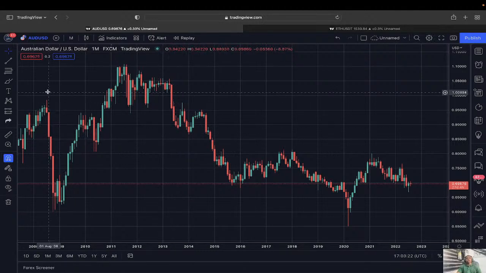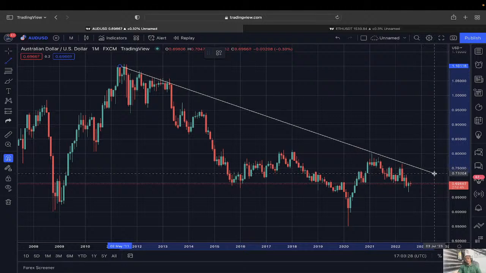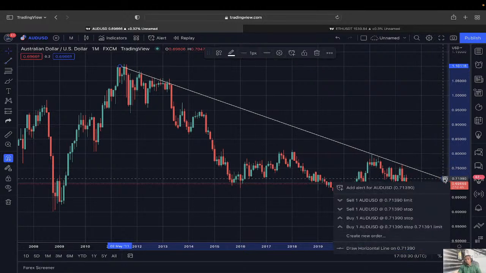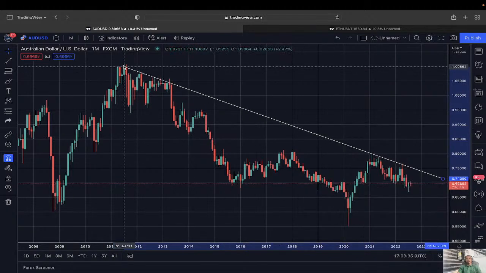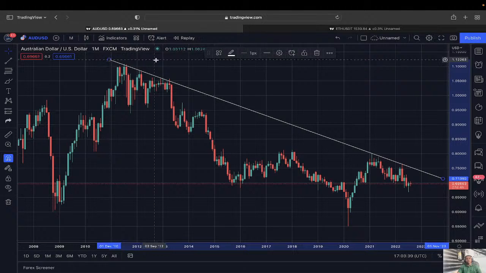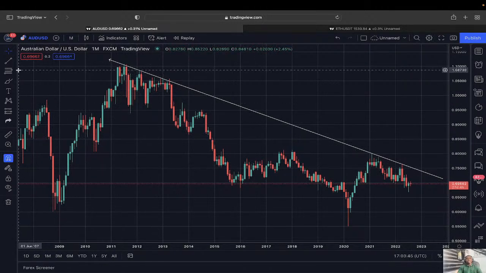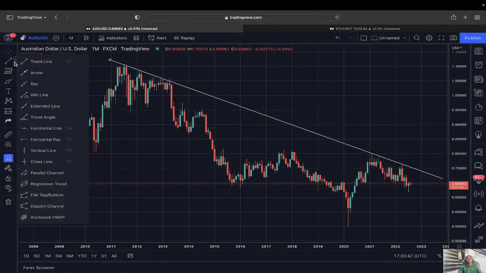Overall, we can see that the trend has been a downtrend for the Australian USD. We can see some levels where price has created demand and supply.